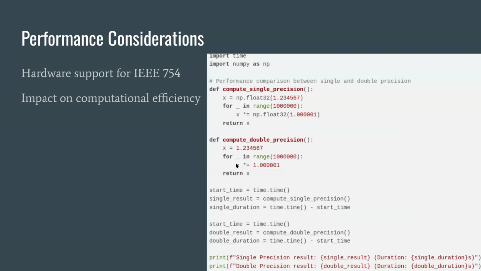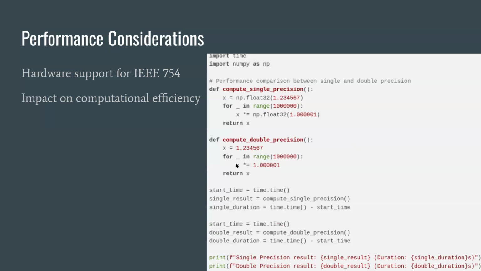Performance considerations. Most modern processors have hardware support for IEEE 754 operations, thus making floating point arithmetic fast and efficient. However, performance considerations such as the choice between single and double precision can impact both the speed and accuracy of computations.